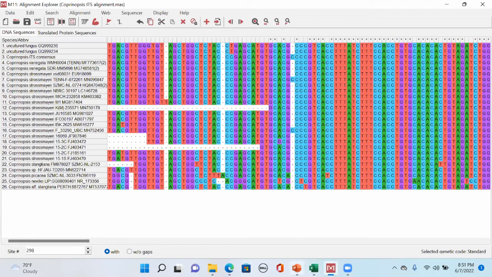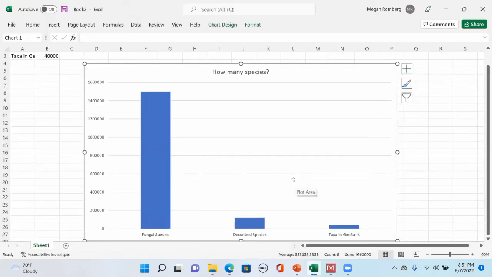The other thing I want to show here real quick to keep in mind is a visual I like to show people. On the left is how many fungal species we estimate might occur in the world. This is how many species have been described, and this is the taxa in GenBank. So we can put in sequences and maybe get a match to what's there, but there are a lot of things that are described that don't have sequences, and a whole lot of things out there that haven't been described or sequenced.